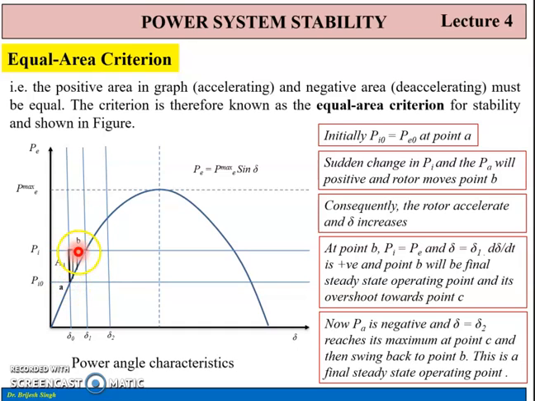It is a step behavior, and the power goes from A to B. The corresponding load angles are delta 0 and delta 1.